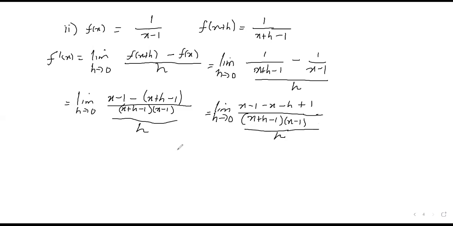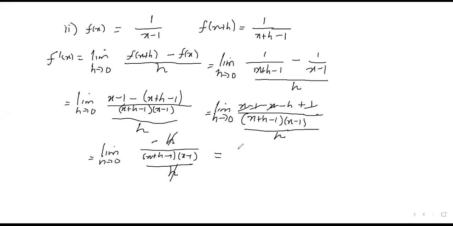Okay. So what do we notice here? We see that in the numerator, this x minus that x, that's 0, minus 1 plus 1, we go, and then we remain with minus h over x plus h minus 1 multiplied by x minus 1, everything over h. So that h and this h cancel.